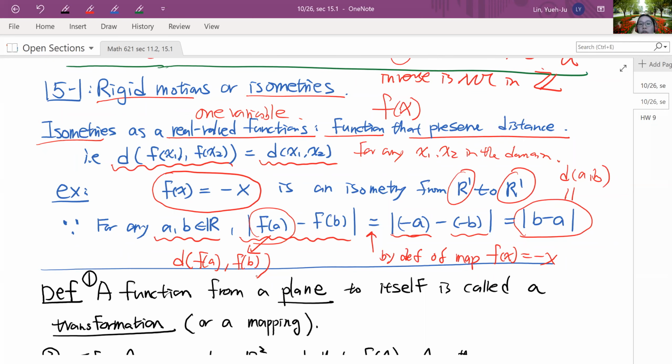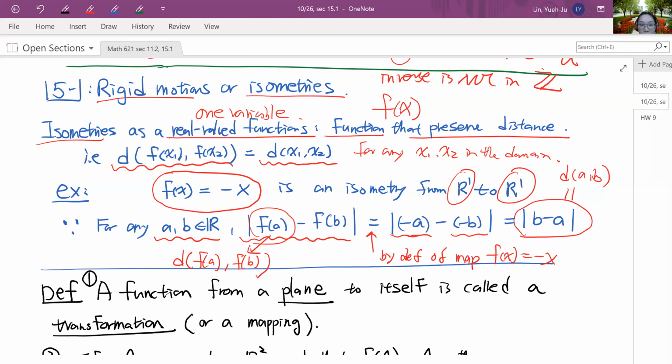We'll see a more rigorous definition later on. But this is essentially a first example. If you're talking about real-valued functions, we can easily come up with a function that preserves the distance. You can cook up a lot of functions that preserve the distance.